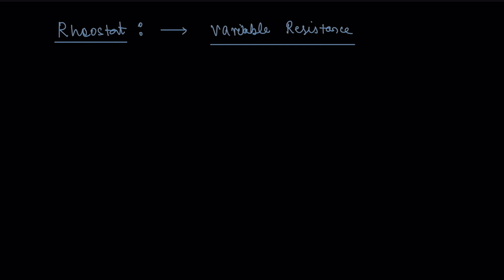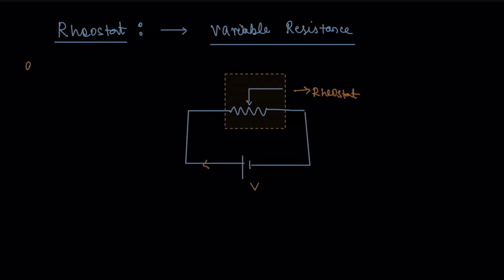If here we take an example, here we are using a rheostat. If we need a constant voltage, if the voltage is constant and here resistance is variable, so what will happen?